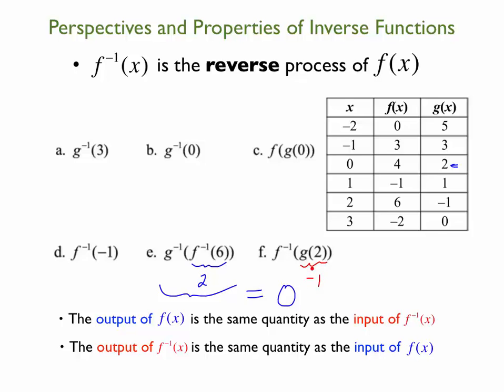What is -1 related to the function F? Input or output? The output. So I'm going to look in F of X, I find -1. So the whole thing is the input of F that gives an output of F of -1. So the answer to part F is equal to 1. Questions following this?